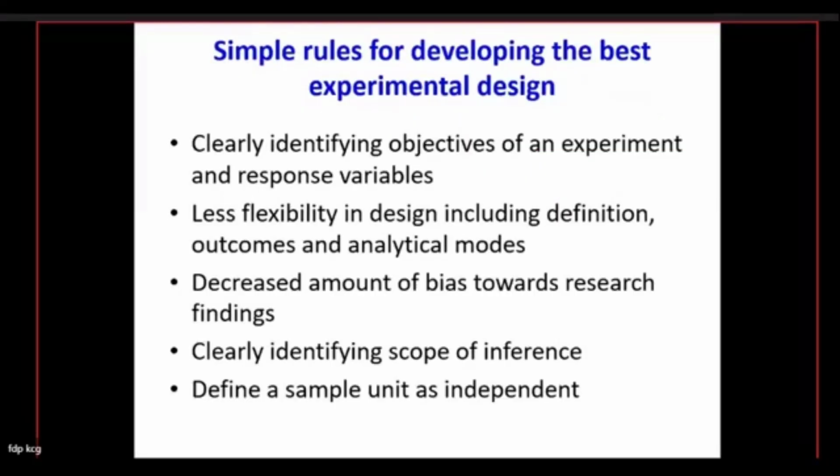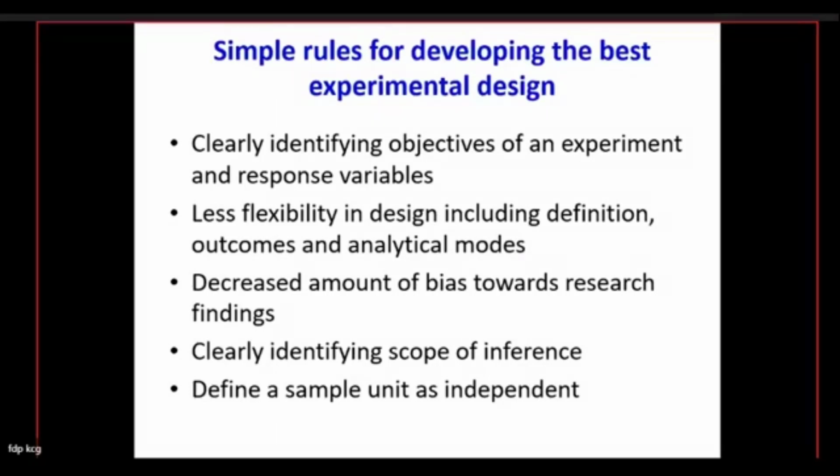Simple rules for developing the best experimental design are: clearly identifying the objective of the experiments and response variables, less flexibility in designing, including the definitions, outcome and analytical modes, decreasing the amount of bias towards the research findings, clearly identifying the scope of the inference, and defining a simple unit as independent.